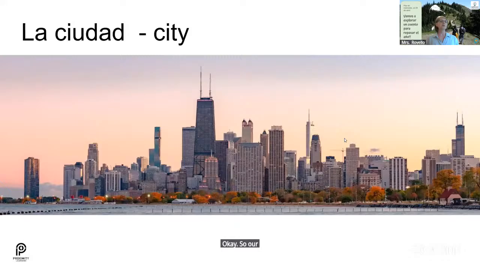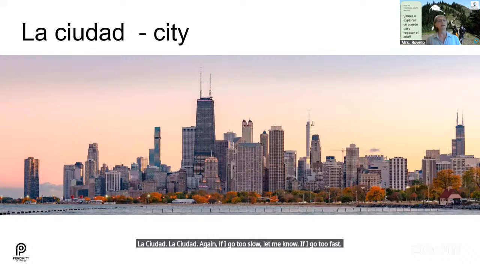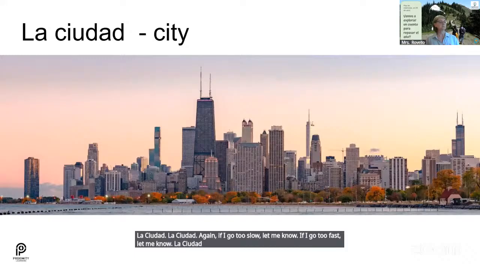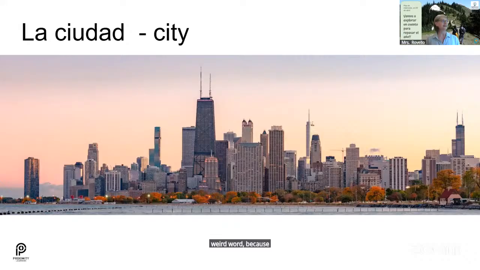Okay. So our first word, la ciudad. La ciudad. Again, if I go too slow, let me know. If I go too fast, let me know. La ciudad, city. Weird word because it ends in a D and yet it's feminine, right?